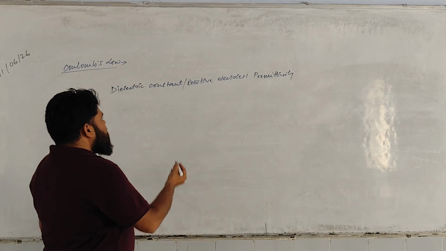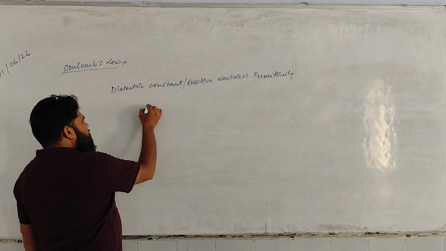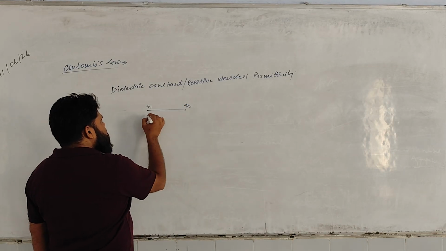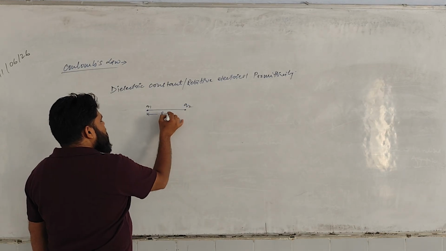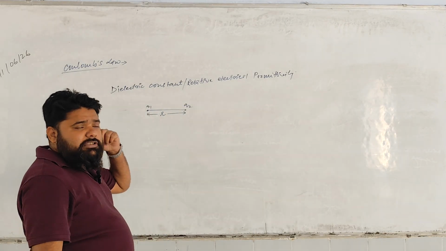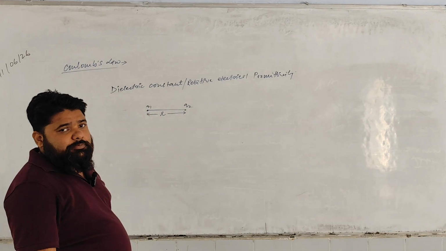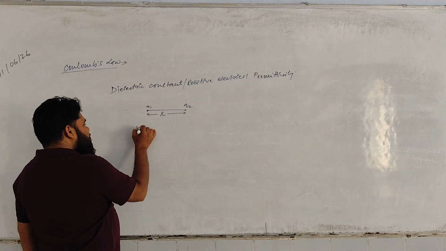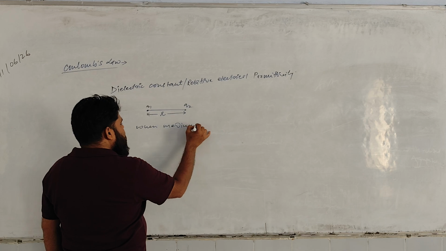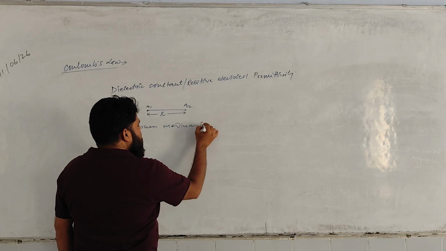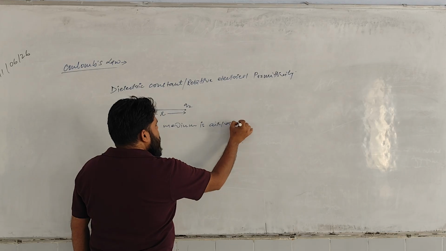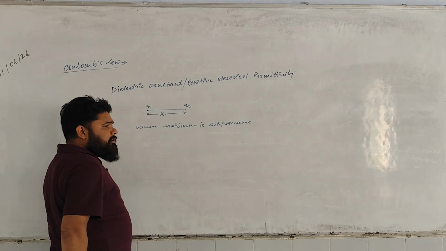So suppose we have two charges. Here is the charge Q1, here is the charge Q2, and these two charges are separated by the distance r. If we assume the medium between these two charges is air or vacuum, then what will be the force between them?